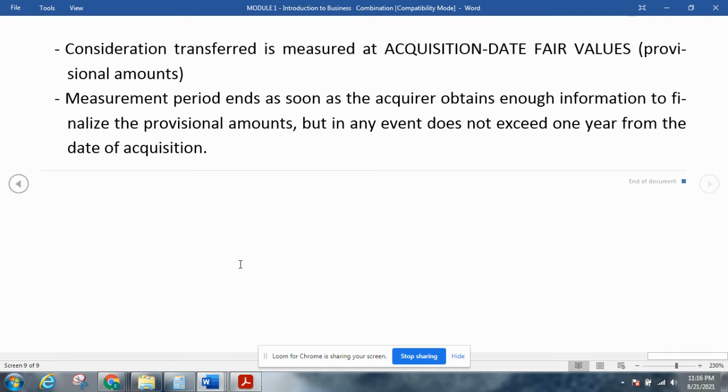Here, consideration transferred is measured at acquisition date fair values, so these are provisional amounts.